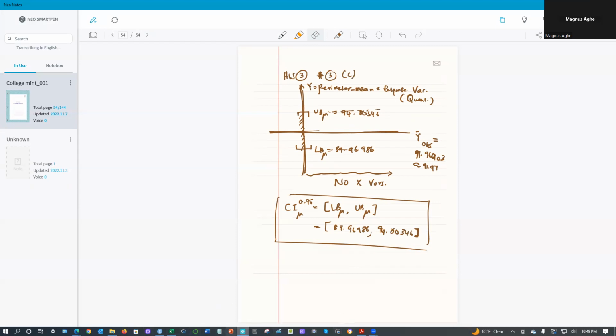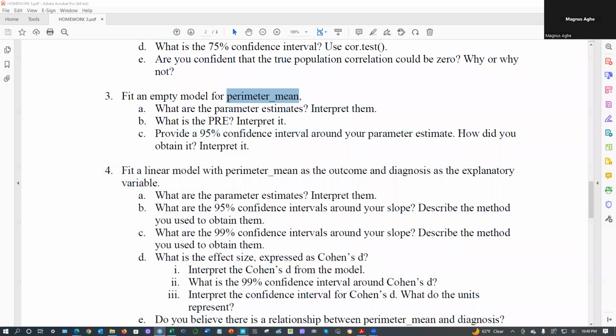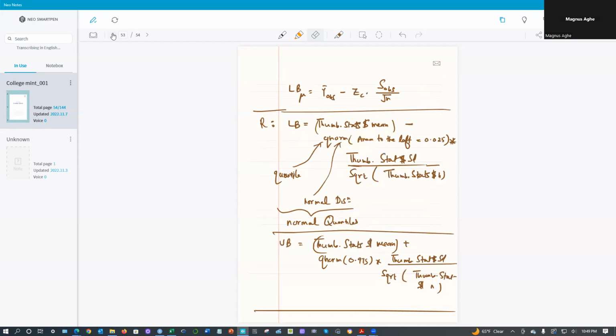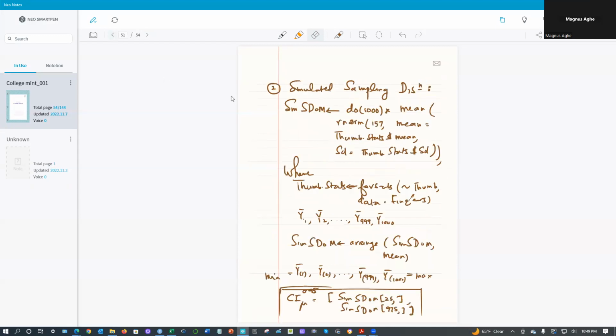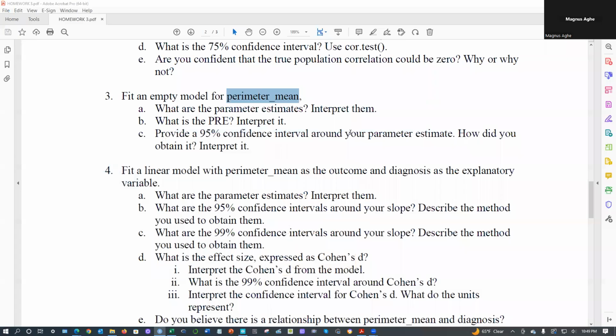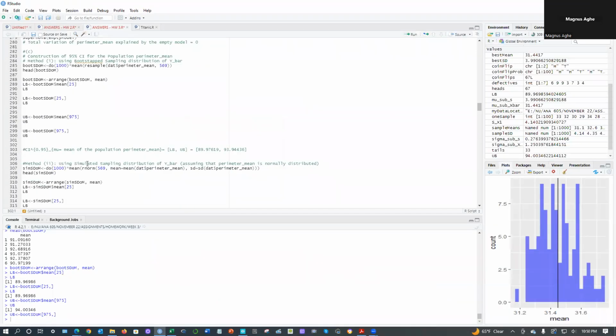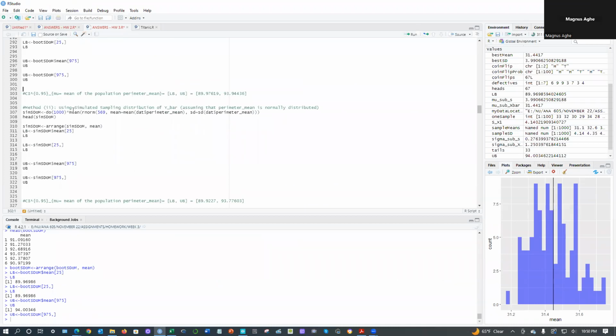Then I was talking about the second method, through simulation. Not the bootstrapping, the simulation method. Method 2: using simulation, sample the distribution of y bar by assuming that the parameter mean is normally distributed.